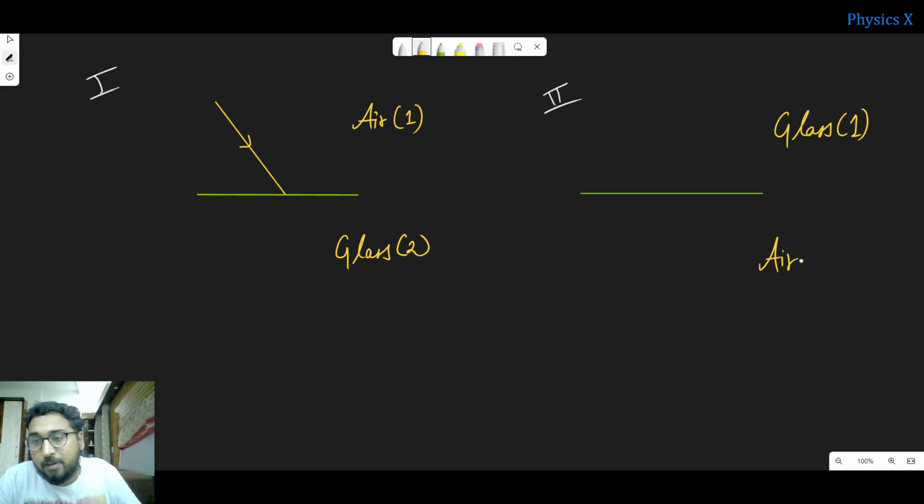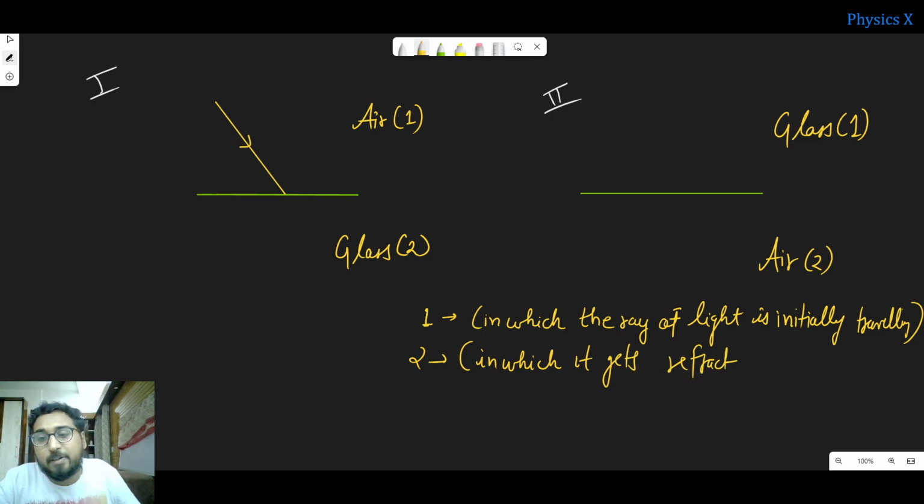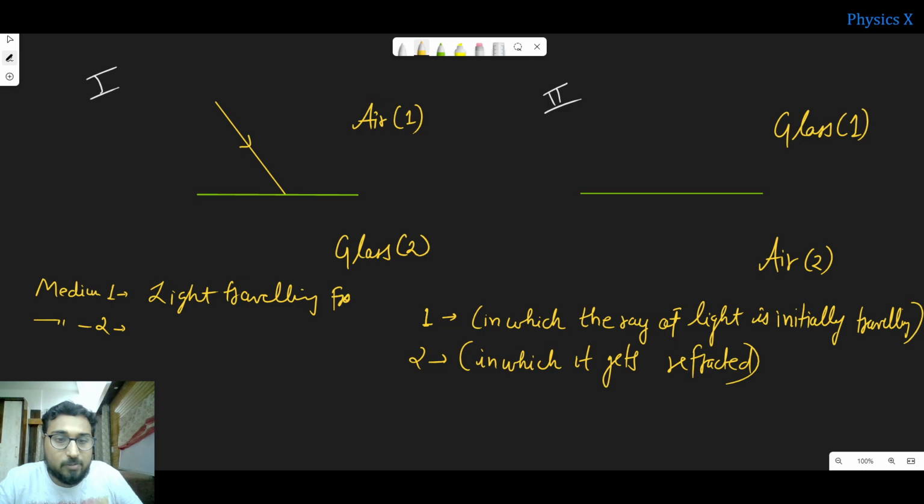This glass is, in this case, medium 1 and medium 2. So medium 1 is the medium in which the ray of light is initially traveling, and medium 2 is the one in which it gets refracted, that is, it gets bent. To summarize, medium 1 is where light is traveling from, and medium 2 is where light is traveling to.